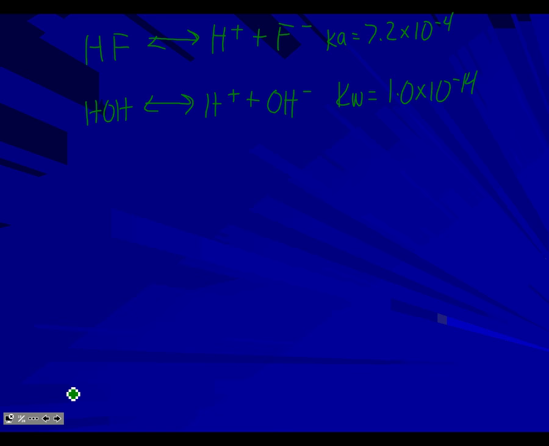Kw is 1 times 10 to the negative 14th at 25 degrees Celsius. By comparing the Ka to the Kw, you can figure out which one is the stronger of the weak acids. And in this particular case, it's our hydrofluoric acid. That's a much larger value than our Kw.